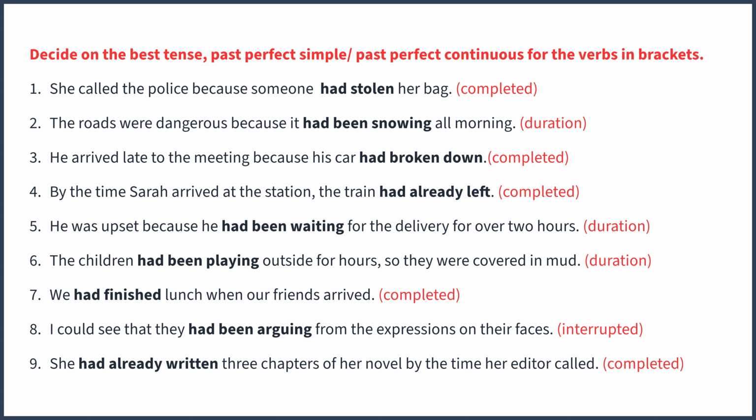Number 6, the sentence shows length of time, past perfect continuous. Number 7 shows a completed action, past perfect simple. In number 8, the sentence suggests length of time, duration, and an interrupted action, and so past perfect continuous. Number 9 shows a completed action, past perfect simple.